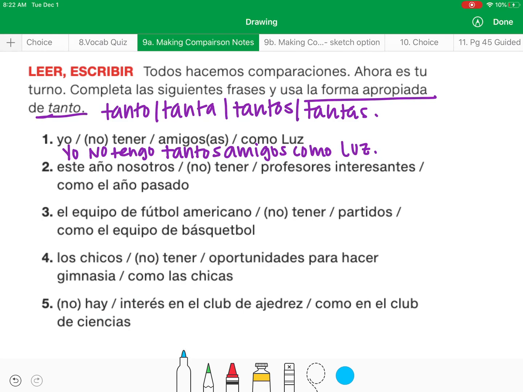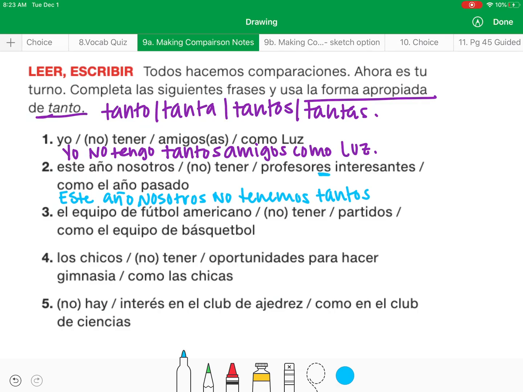Okay, number 2, we're going to say este año. Okay, nosotros, no. Now we need to conjugate for nosotros. Tenemos tantos.